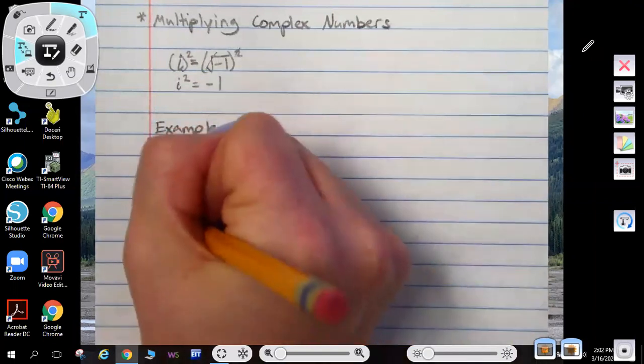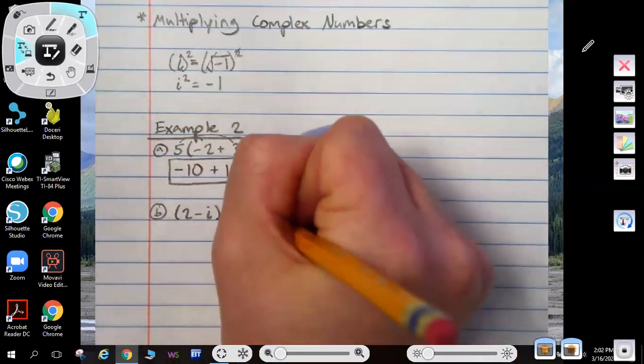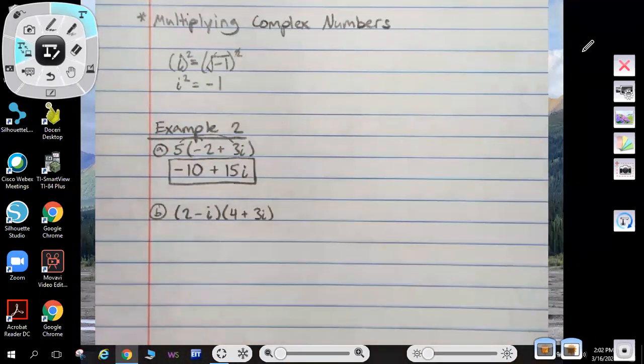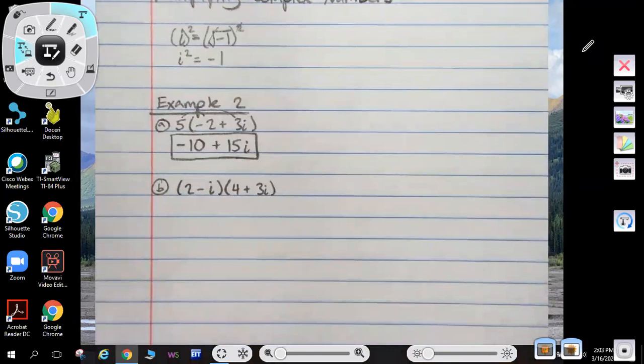Part B. We have 2 minus i times 4 plus 3i. Now that we're multiplying two complex numbers together, we're still just distributing in order to multiply, but because these are two binomials, we have a shortcut for that, or at least a memorization hack, which is called FOIL.